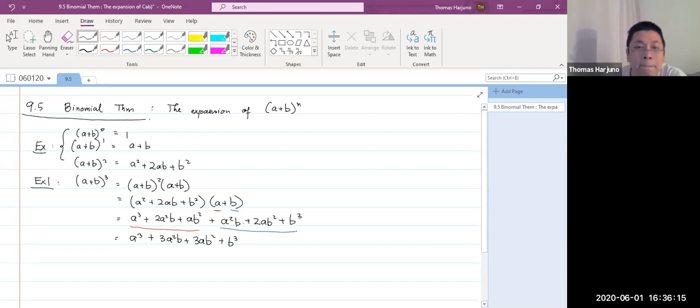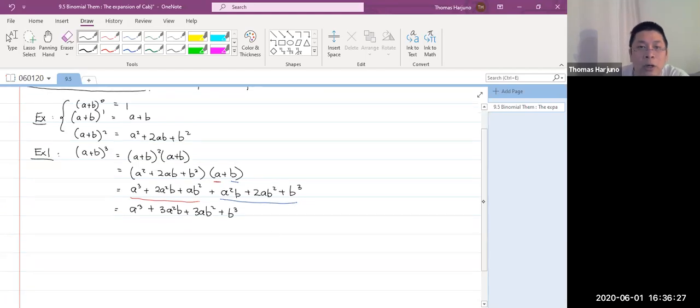Now from here, I can do one more. I can go to a plus b to the 4th further if you want me to. But I guess from here, I will just go ahead to the pattern. We will see the following pattern.